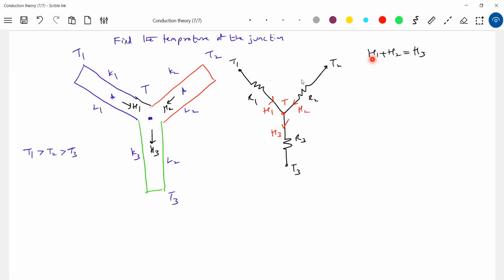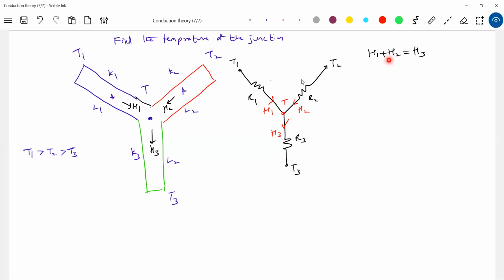So therefore, what is this H1? It's a thermal power, energy flowing per second. So at a given junction, the net flow of heat should be 0. Means how much thermal energy per second is entering, that much thermal energy per second should leave. Otherwise, energy will be created or destroyed, which should not happen. So this is nothing but the law of conservation of energy principle.